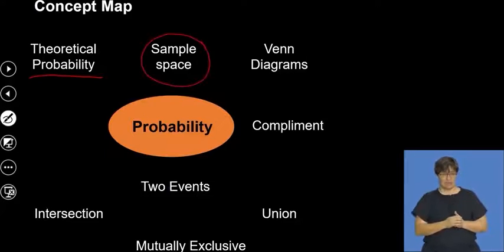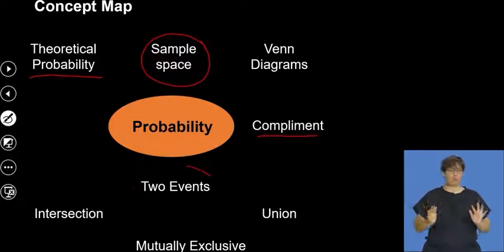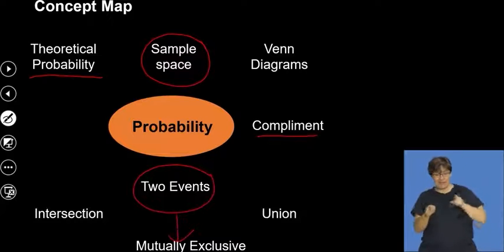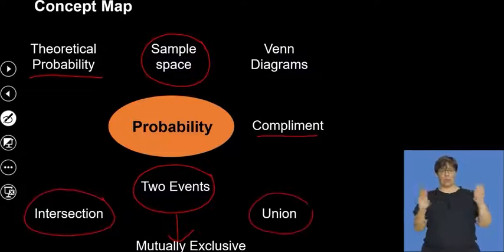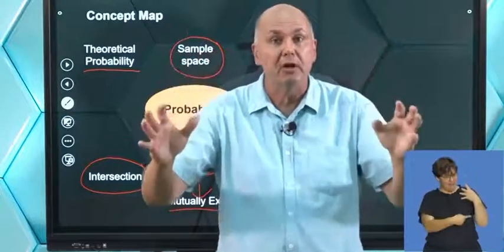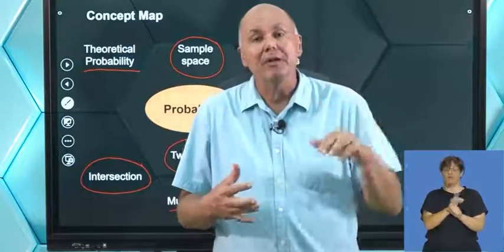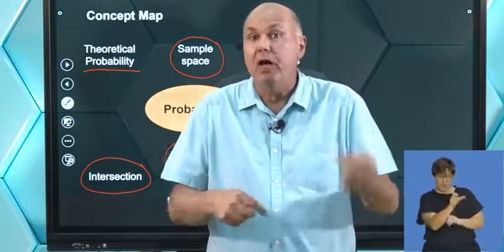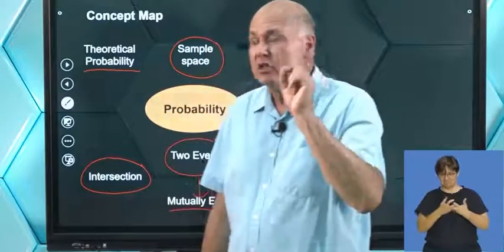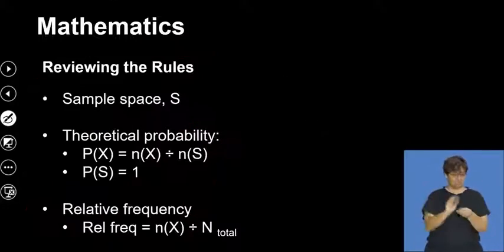You need to make sure you know what the sample space and the word complement mean, how to deal with two events, and the difference between mutually exclusive events and events that are not mutually exclusive. Where does the word intersection apply and where does the word union apply? What rules are we going to use? So make sure that you've got these key building blocks in place so that when you do a question, you can relate back to them and pick up the key terminology that will help you get the right answer. So let's just do a quick review of what the important factors are.